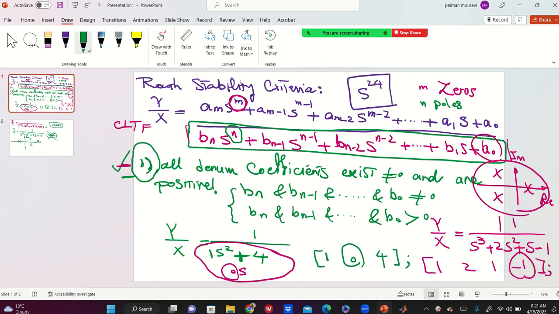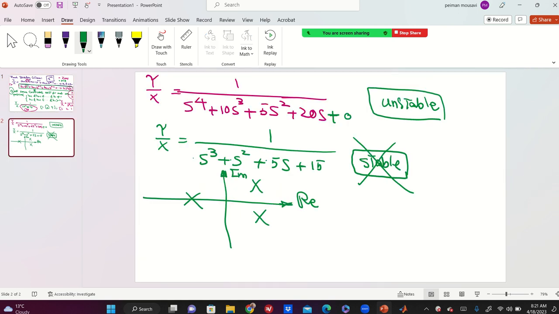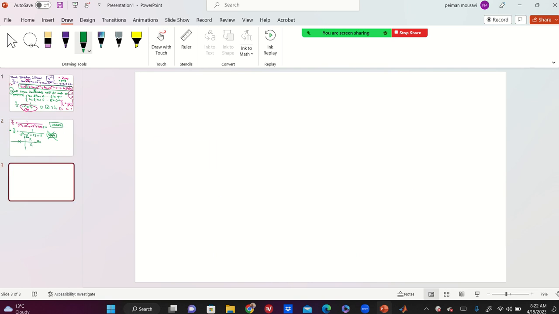So that's why I say let us put a hold on this. I'm going to be back with this. So let's go for the second condition of stability. After checking number 1, you have to go with number 2. You have to make this table, guys.